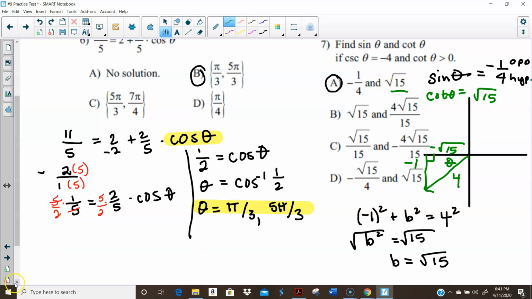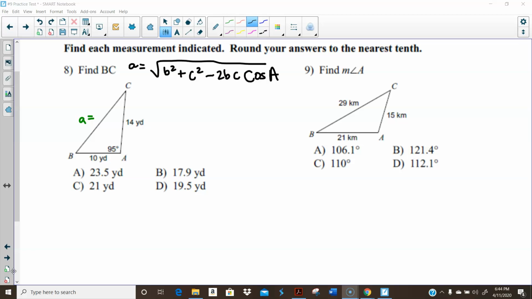On number 8, don't be tempted to use SOHCAHTOA because this is not a right triangle. You have to use law of sines or law of cosines. I have a side angle side, and so I'm going to use the law of cosines. Here's the law of cosines, so I can go ahead and plug everything in.